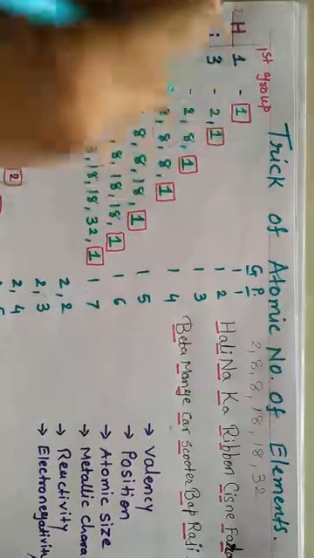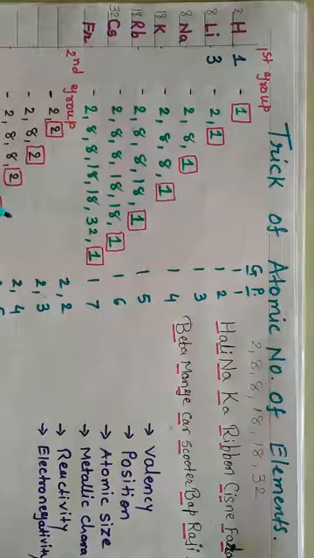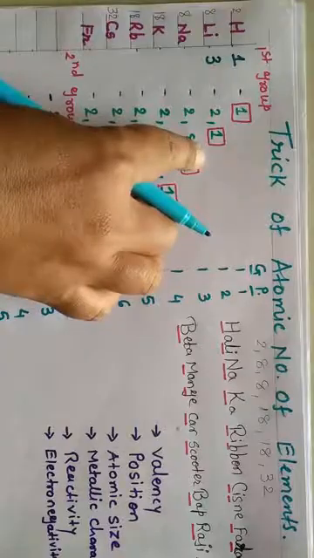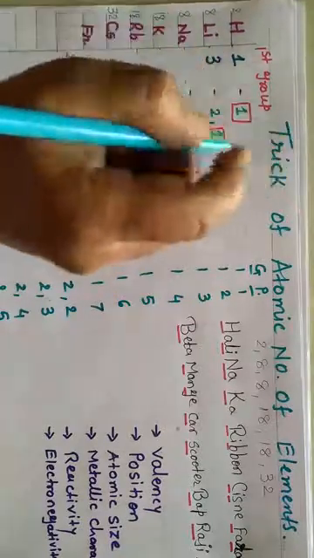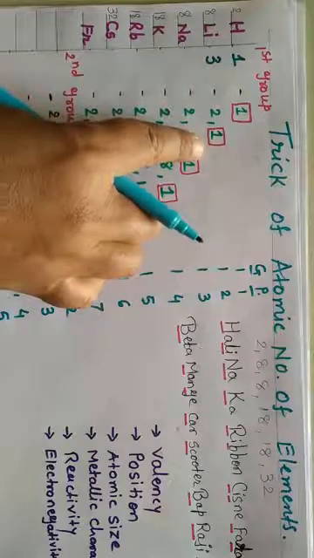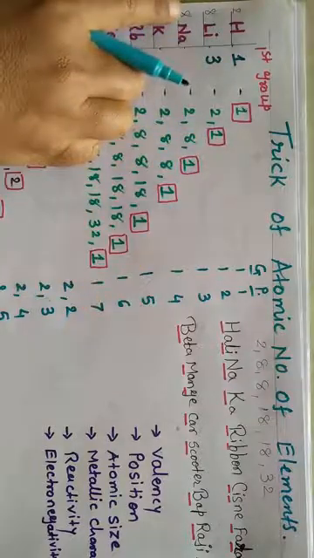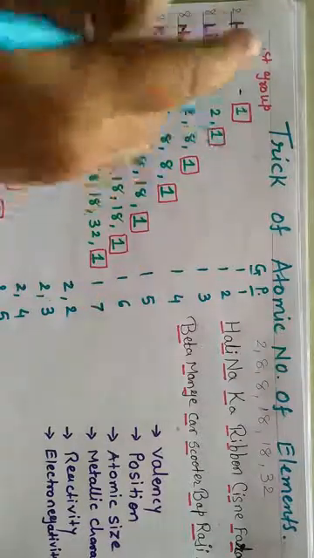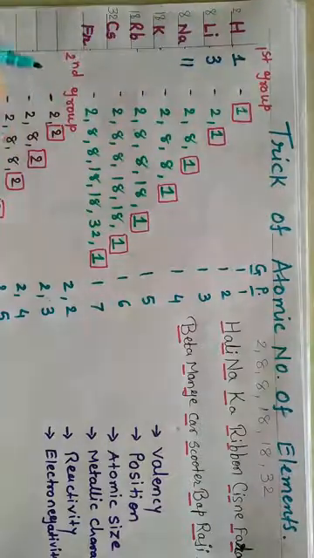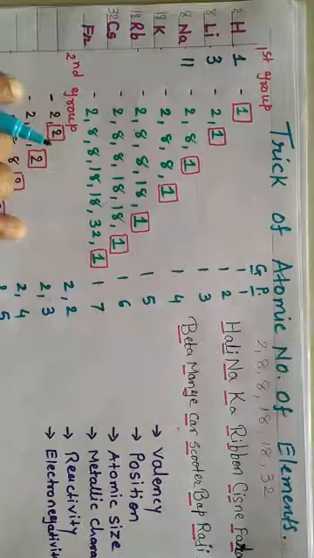So the atomic number of lithium is 3. From that we will write down the electronic configuration: 3 means in K shell 2 electrons, in L shell 1 electron. Add 8 to 3, so the number is 11. And that's how we get the atomic number of sodium.